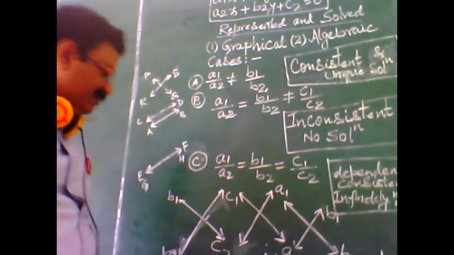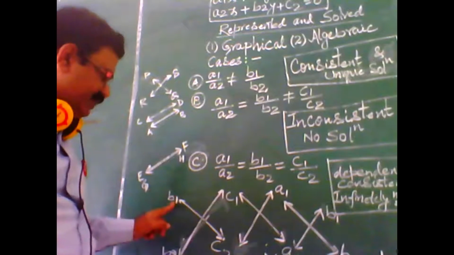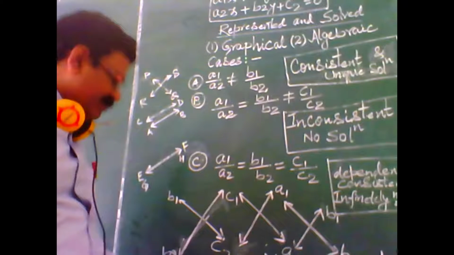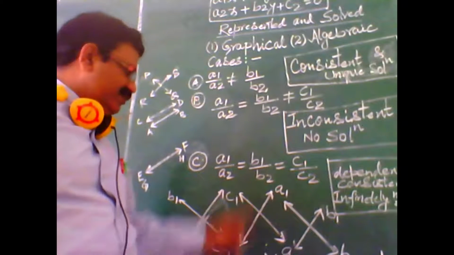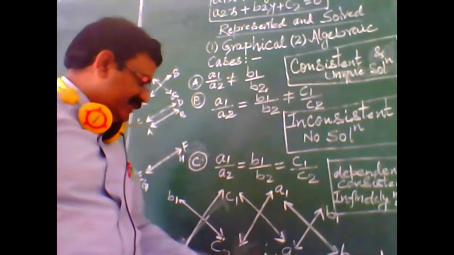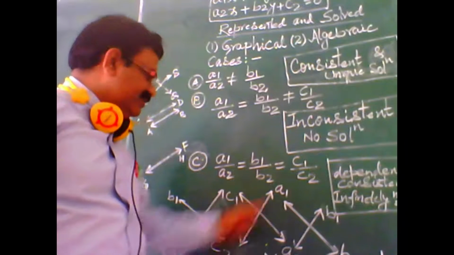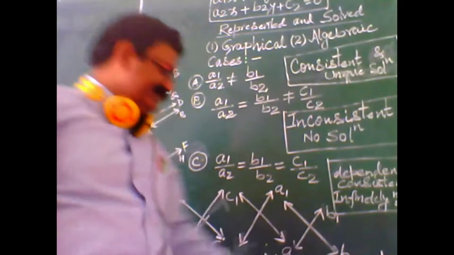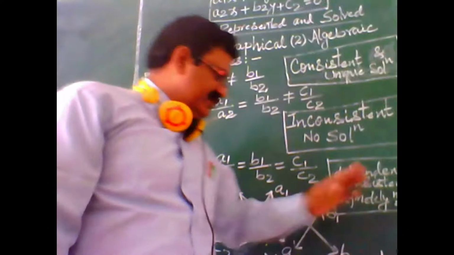Next, what we will do: you take x, that is x by b1c2 minus b2c1, is equal to y divided by c1a2 minus c2a1, and the third one is 1 by a1b2 minus a2b1.